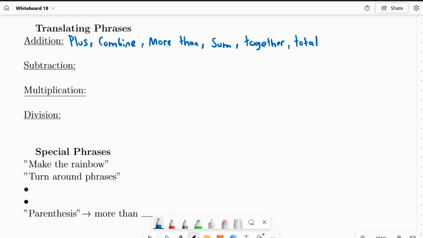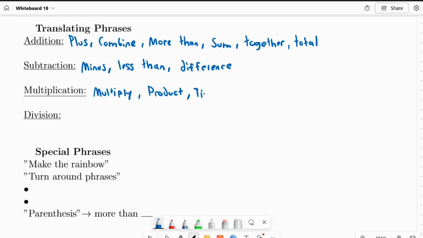Similarly, subtraction, we're looking for terms like minus, less than, or difference. For multiplication, we're looking for terms like multiply, product, or times.